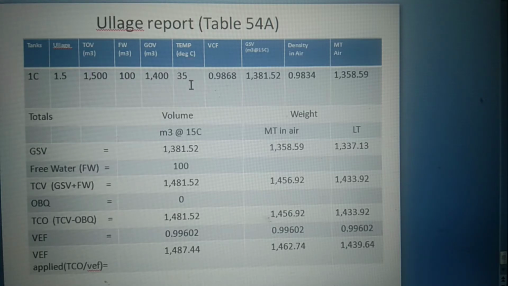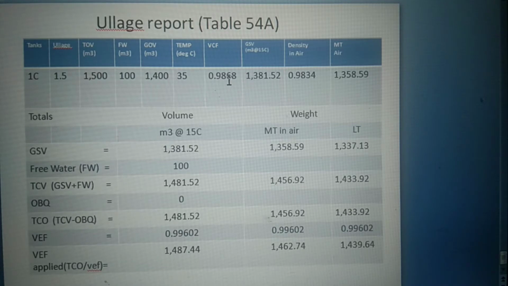Okay guys, this is the observed temperature, the temperature observed during cargo tank ullaging. During cargo tank ullaging, the temperature is also checked and recorded. For example here, 35 degrees centigrade. And we also have the VCF, volume correction factor.